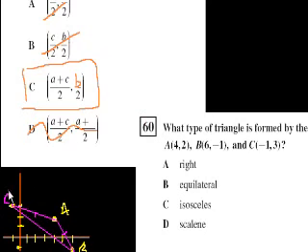So what is the distance from A to C, right? Well, the distance squared from A to C is equal to the differences in their x's. So 4 minus negative 1. So there's a difference of 5, right?